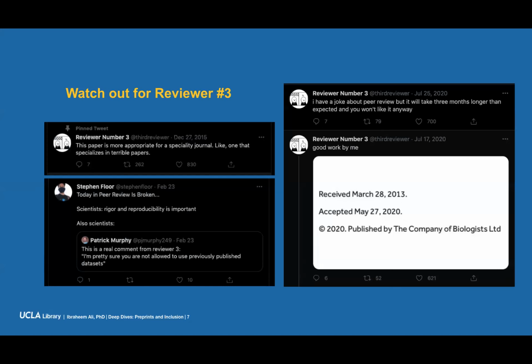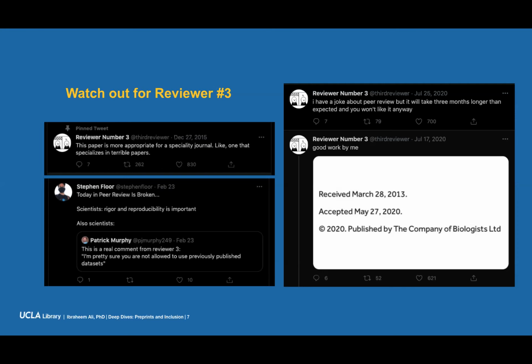In fact, the unprofessional review is such an integrated subculture in academia that there's literally a Twitter account dedicated to reviewer number 3, which is the reviewer that leaves those so-and-so toxic comments. So in this example, reviewer number 3, and this is a parody account, this is not necessarily real, but I think it illustrates the culture in academia that enables this kind of behavior.